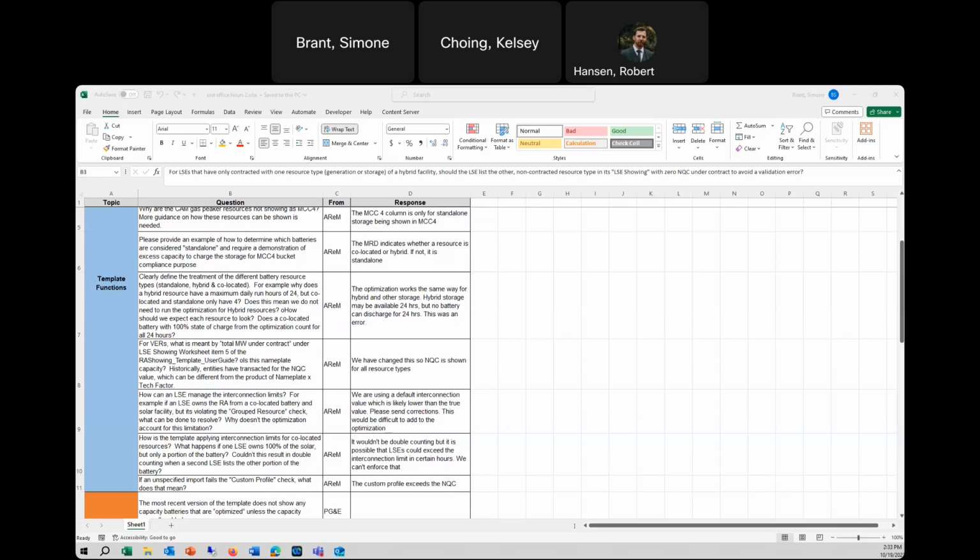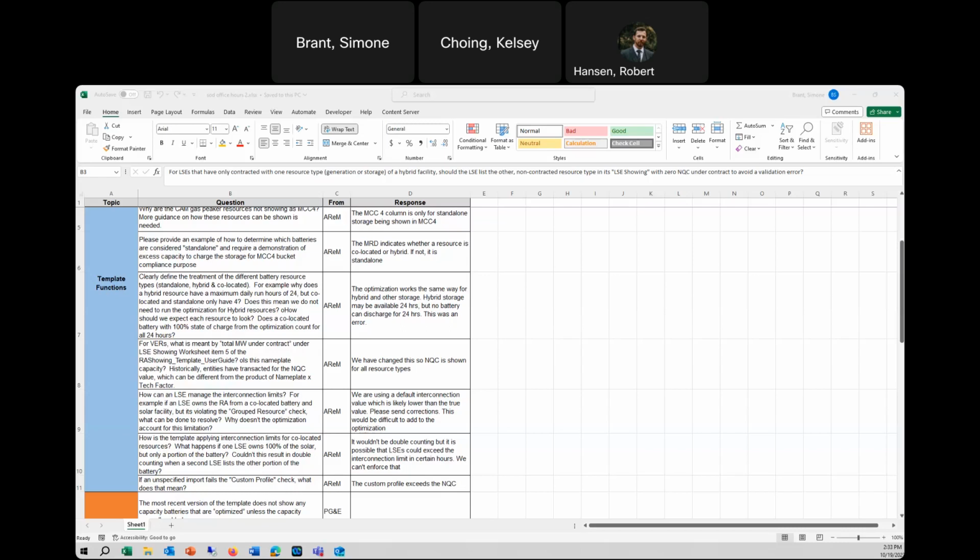Sorry, where in the template do you manually change the hours available for a resource, in the custom profiles? That's an option.